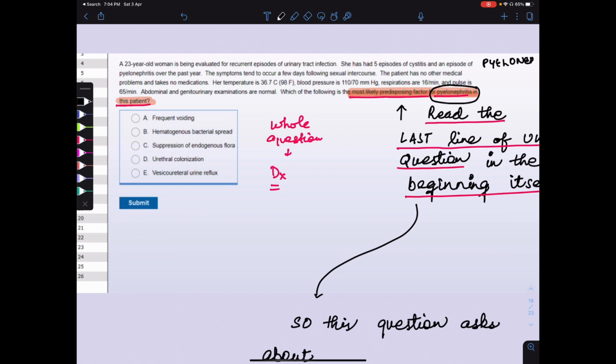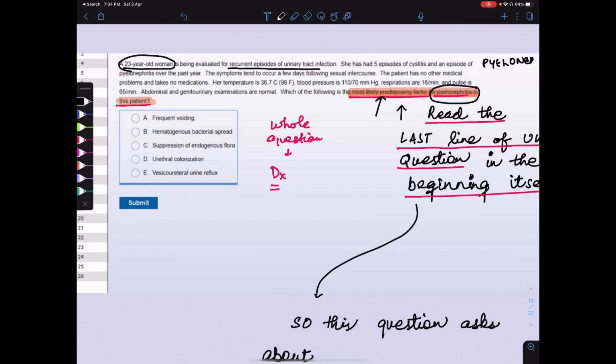Now, if I would have wasted the time in arriving at a diagnosis, that would have been such a loophole, because now I know that they have already given the diagnosis, but they want to ask you something else. They want to ask you which factor is increasing the risk of pyelonephritis in this patient. See, she is a young female.